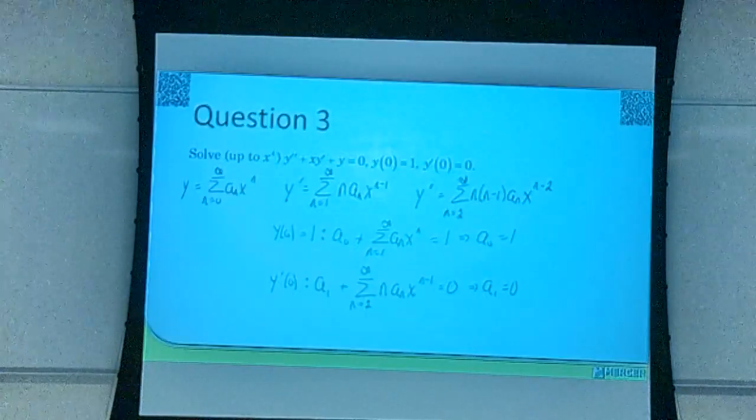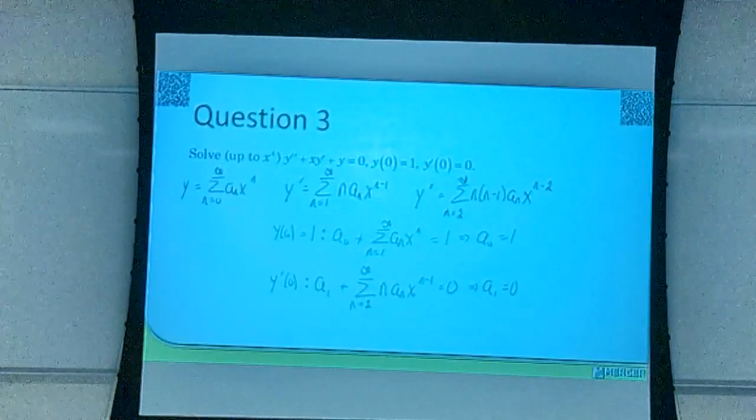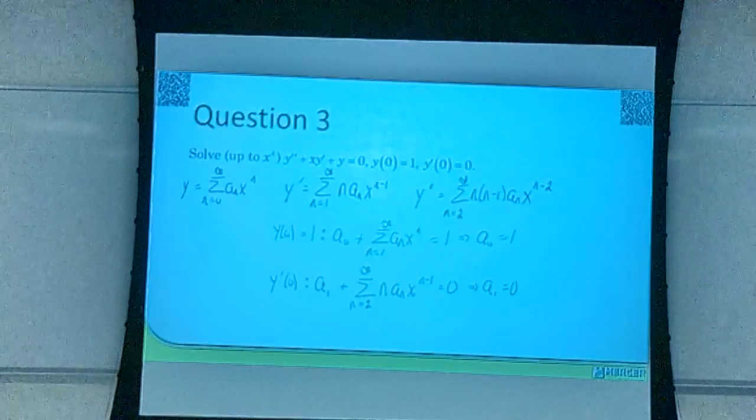Now it's the same process, except we actually have values now for a naught and a1.